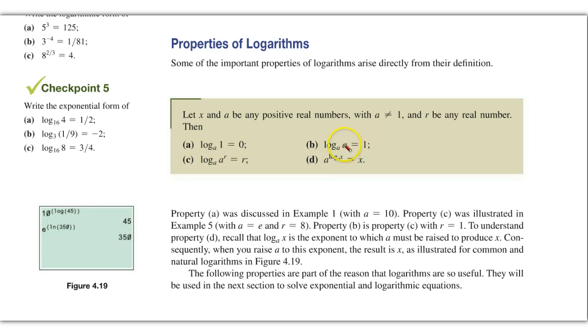Now, we also looked at this before. When we have the log base a of a, now remember, there is an exponent by this a, even though we don't write it. It's a 1. And we said when this is in this arrangement, then whatever the exponent is, that's what that equals. Now here's the extension of it.